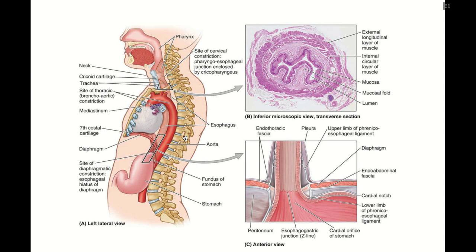Our second is going to be your bronchoaortic constriction, which is when the esophagus is crossed by the arch of the aorta and the left main bronchus of your trachea. And then the last constriction is your diaphragmatic constriction, right? The esophagus pierces the diaphragm, and is going to be surrounded by the right crus at a finger breadth from the midline, if you remember very well.